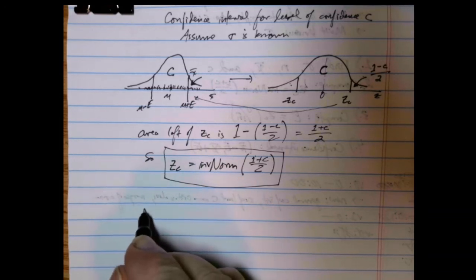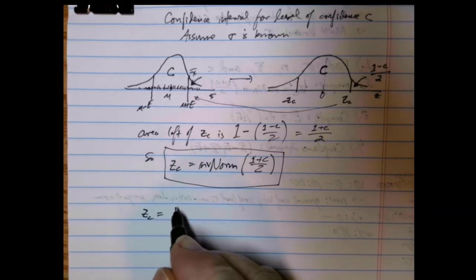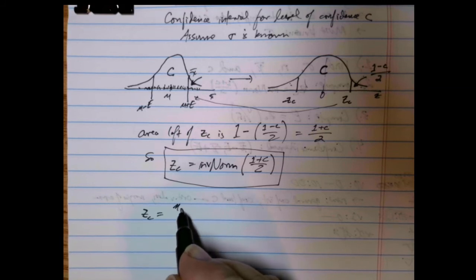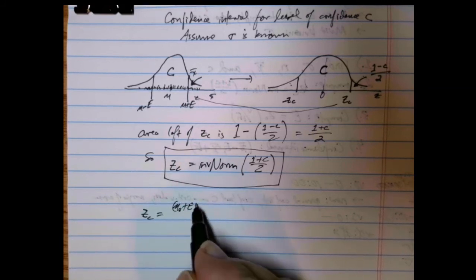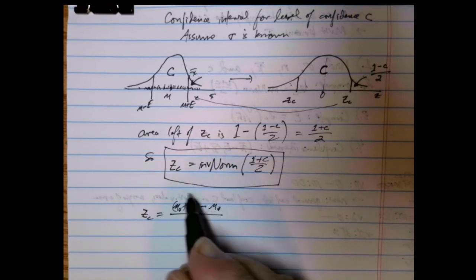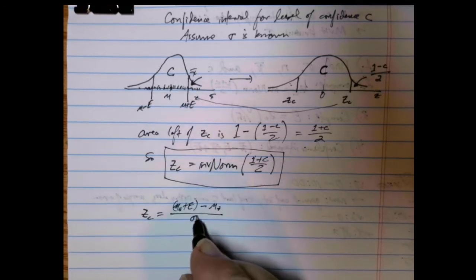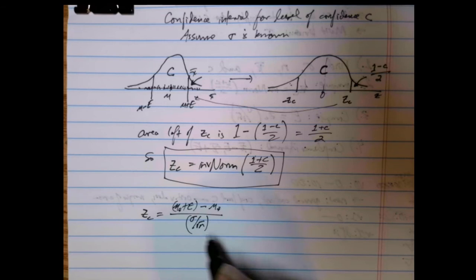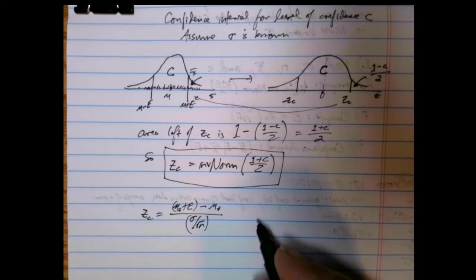So using the z-score formula, I have z sub c is equal to mu plus E, and of course this is really mu x bar, but they are the same number, minus mu, over the standard deviation over here, which is sigma over the square root of n. N, of course, is the sample size.